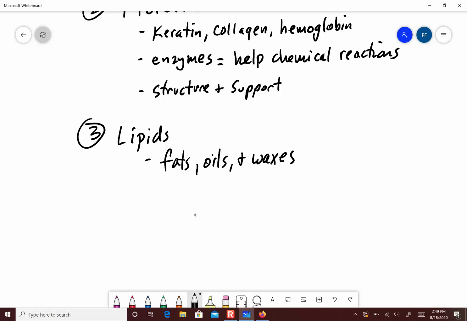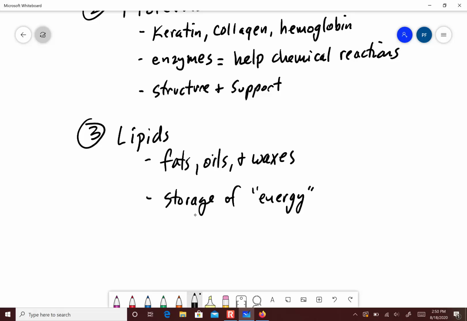Oils, like your cooking oils, olive oil, corn oil, peanut oil, all those things are lipids. Okay, so predominantly with the fats and oils, what they are for is storage. And we're going to say storage of energy, and that's going to change a little bit later on when we talk about something else.